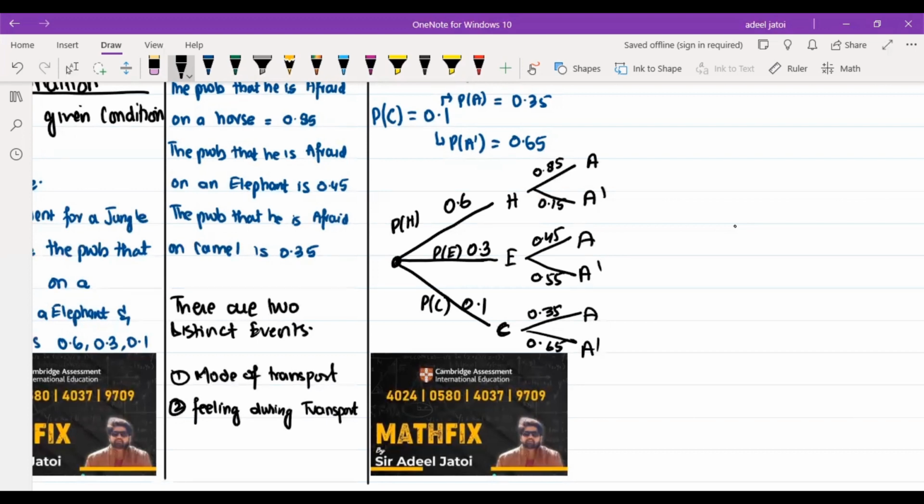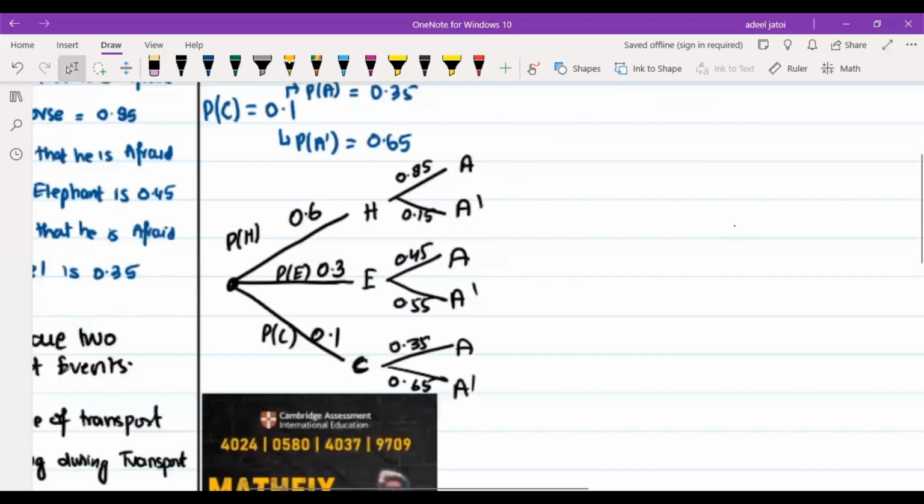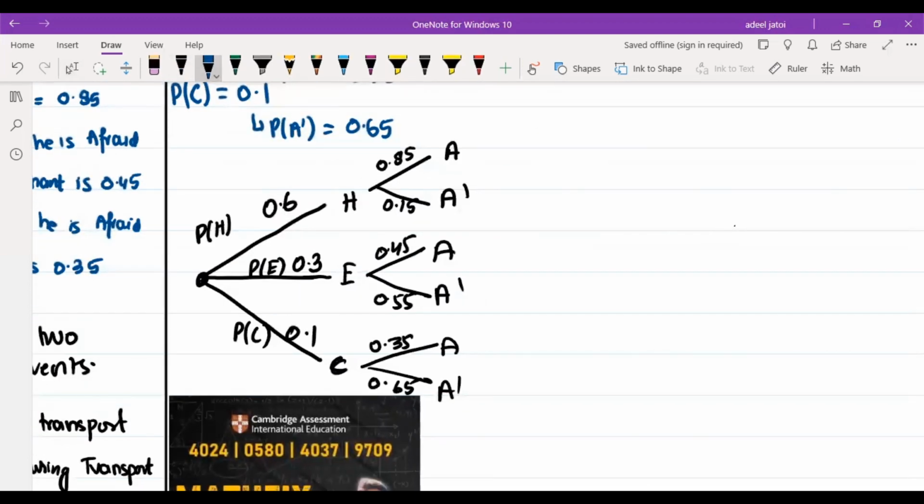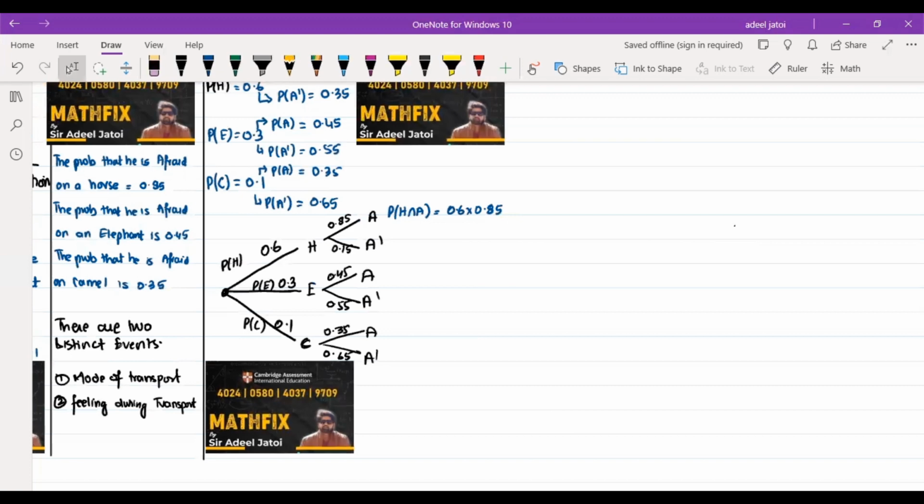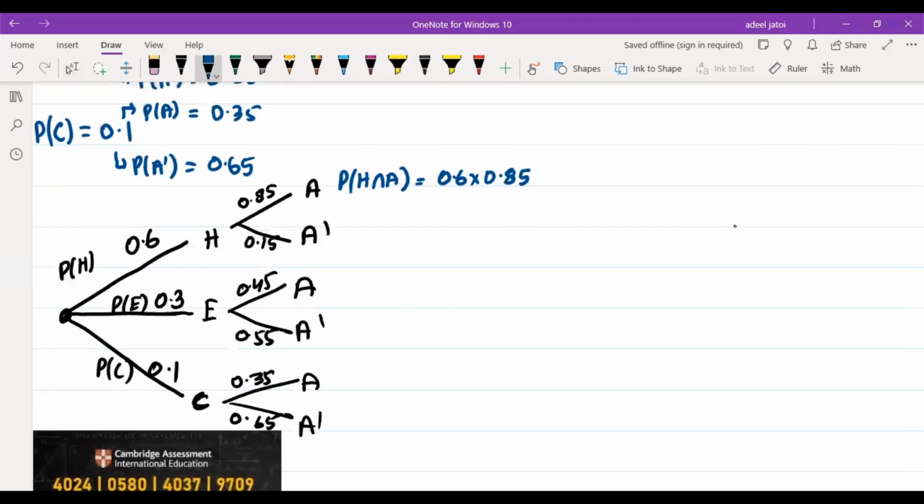So with each branch of the tree diagram, what we know is that the probability of horse and being afraid is 0.6 multiplied by 0.85, which will be 0.51.